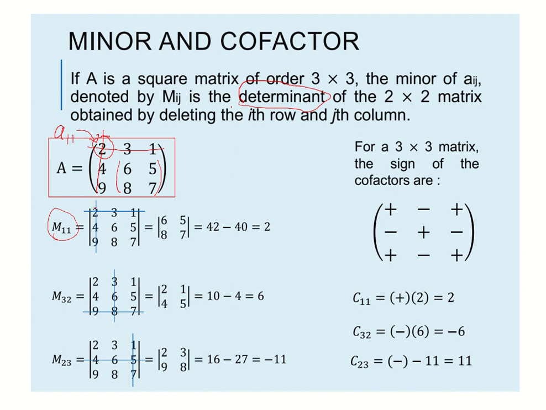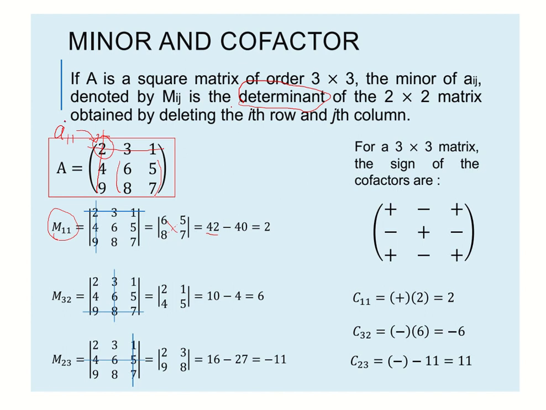We take 6 times 7, which is 42, then subtract 5 times 8, which is 40. So we get 2. This is the minor for this element.